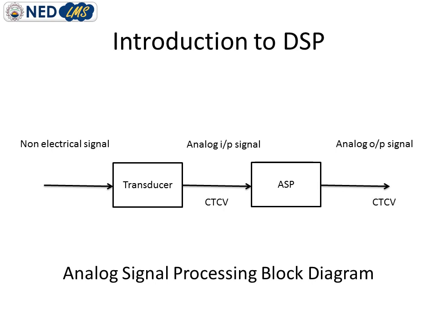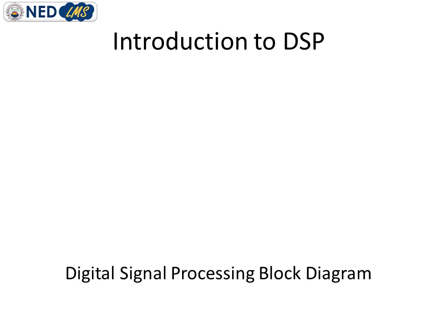Now understanding digital signal processing with the help of its block diagram. Again, we suppose that there is some non-electrical signal, and we first convert this non-electrical signal into an electrical compatible form with the help of a transducer, just as in the case of analog signal processing, and we will get an analog output which is the input signal to a special block called the analog to digital converter.